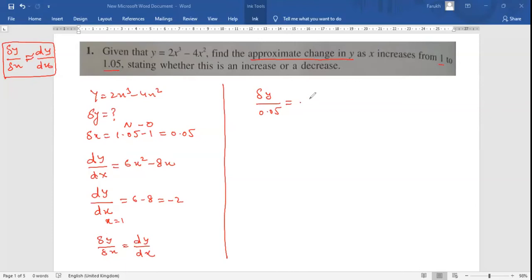And dy by dx is minus 2. Del y is equal to minus 2 into 0.05 and the answer is minus 0.1.